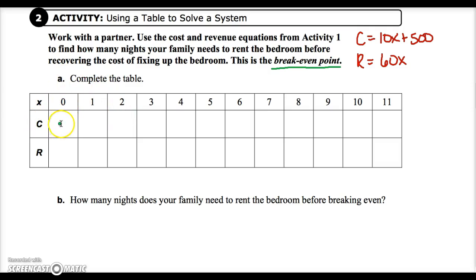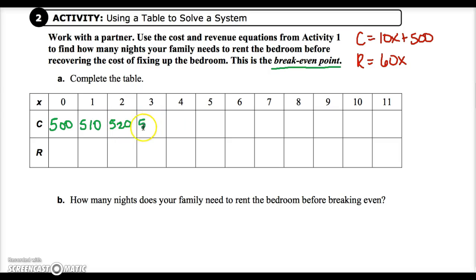So first I'm going to do the whole row for the cost. So our cost was 10x plus 500. So if I plug in 0, 10 times 0 is 0, plus 500 is 500. 10 times 1 is 10, plus 500 is 510. 10 times 2 is 20, plus 500 is 520.